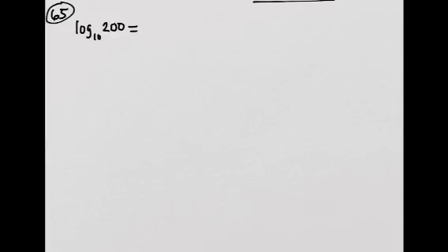So they want you to rewrite and simplify the expression using the properties of logs. The first thing that stands out is that the base is 10, and I know that 200 is 2 times 100, and 100 has base 10. I'm going to use the property of logs for a product: log base 10 of 2 times 100 is the same as log base 10 of 2 plus log base 10 of 100.